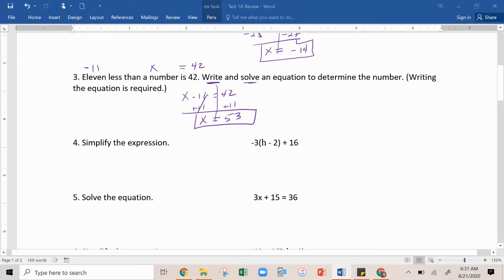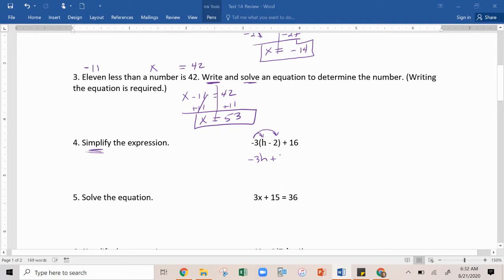Okay, the next one is a distributive property simplifying. Remember, when it says simplifying, you're not solving. You're just combining like terms and distributive property. So anytime I see this, I'm going to distribute. So remember, draw your arrows to keep yourself straight so you don't miss them. So we're going to have -3 times h is -3h. A negative times a negative is a positive. That's the most common mistake on the test.